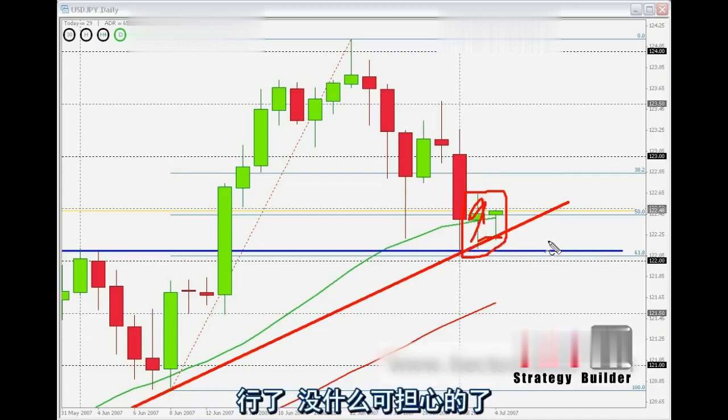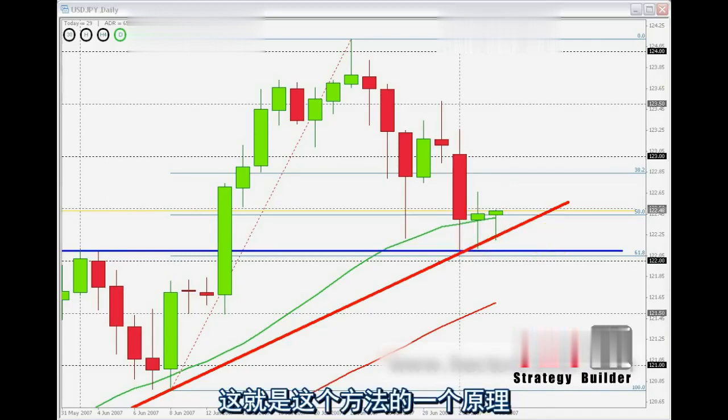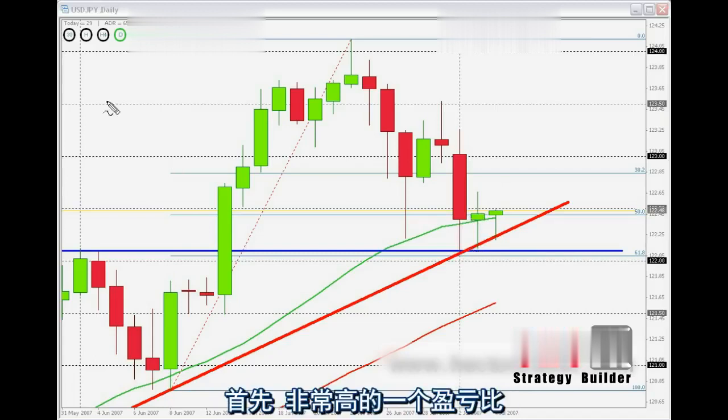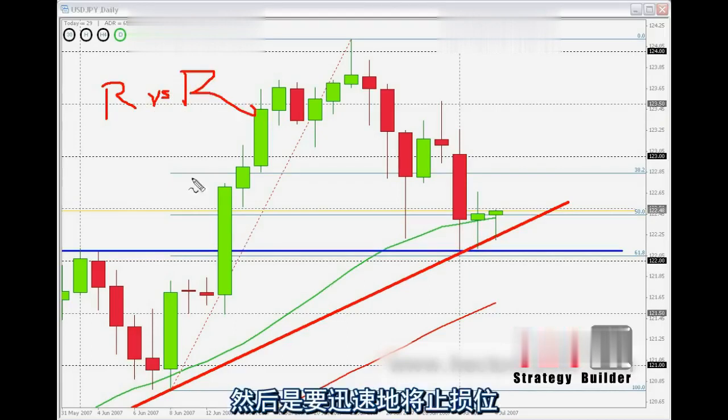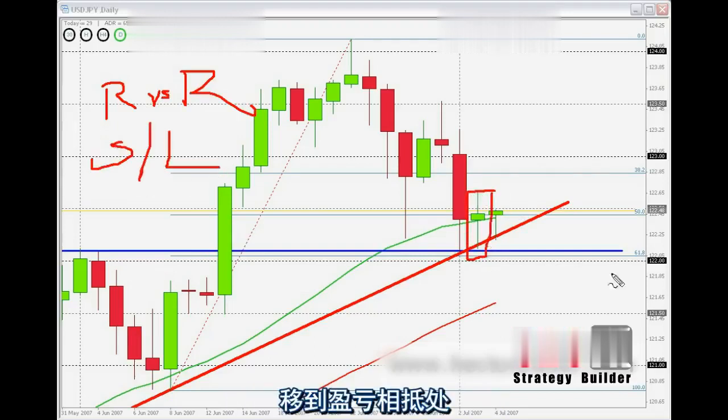No sweat. That's what this entry approach is about. First of all, a very positive risk versus reward ratio, and a stop loss to break even very quickly upon the first initial bounce, reacting off that level of confluence of support.